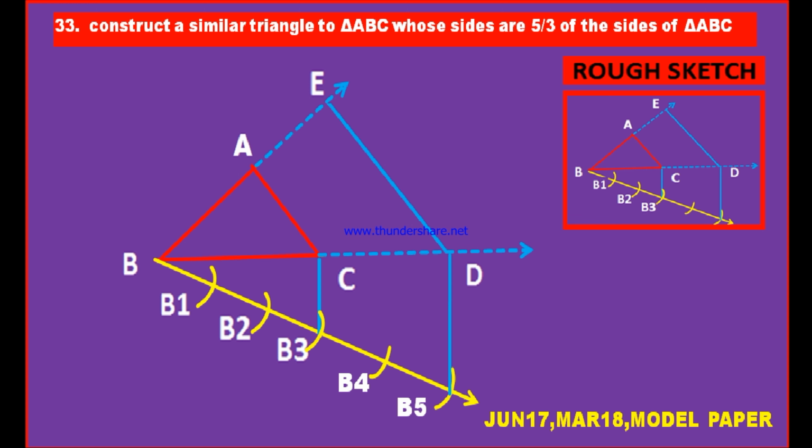Now if you observe the sides of the triangle EBD, that is the constructed triangle, they are in the ratio of 5/3 of the sides of the given triangle ABC.